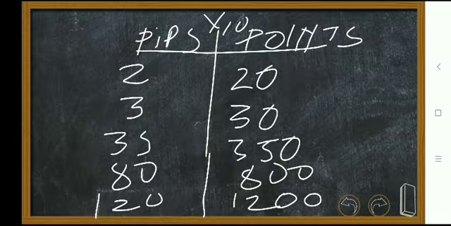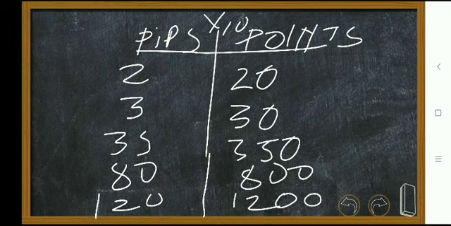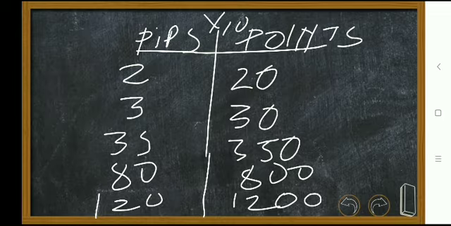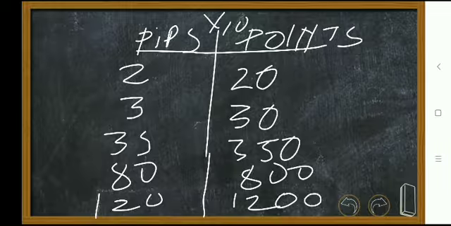The person who's saying 3 pips is the same as the one who's saying 30 points. The one who's saying 35 pips is the same as the one who's saying 350 points. The one who's saying 80 is the same as the one who's saying 800 points, 80 pips. Remember, 80 pips, 800 points. You can't say 80 pips is equivalent to 80 points. It's impossible.